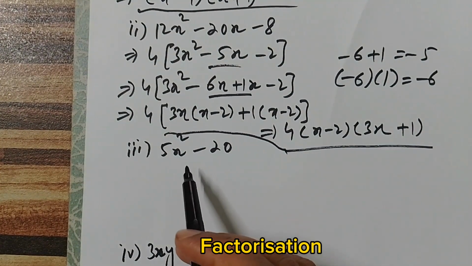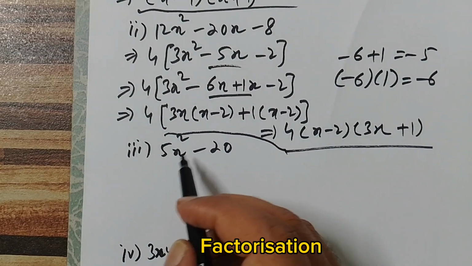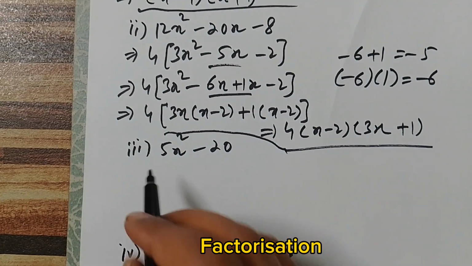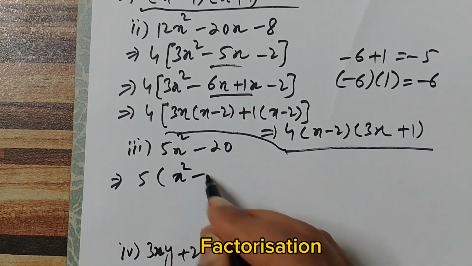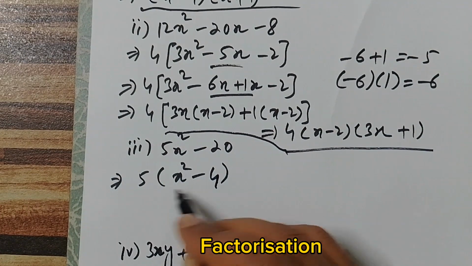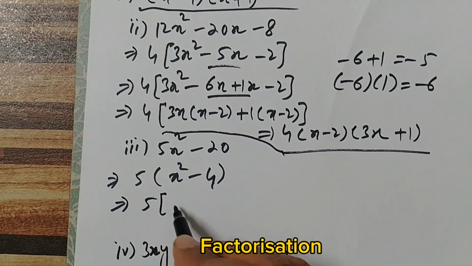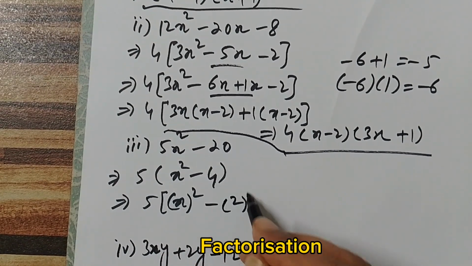For the next question of factorization, we apply the method of difference of two squares, but first we need to take common if there is something common. For 5x square and minus 25, 5 can be taken common. If I take 5 common, inside the bracket I will have x square minus 4, and these two are perfect squares. We call it difference of two squares, as the first value is the square of x and the second value is the square of 2.